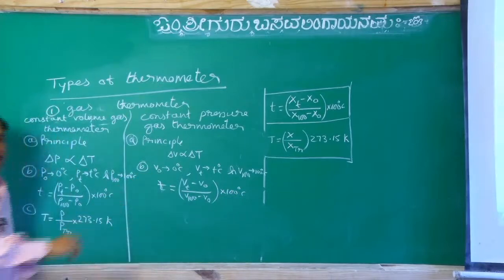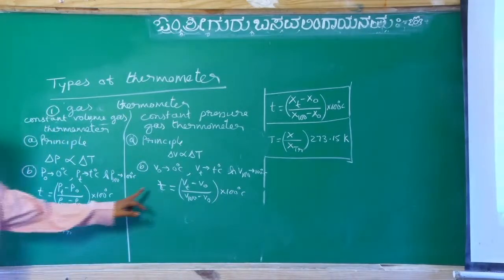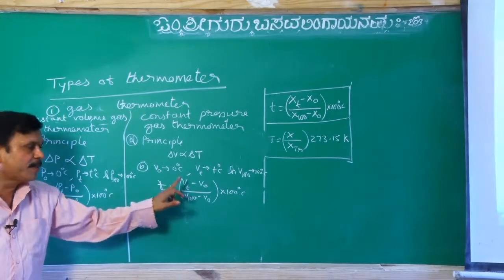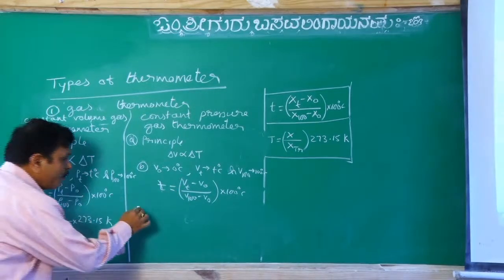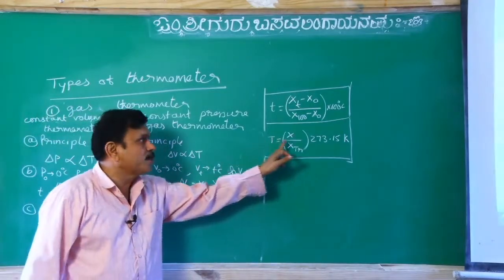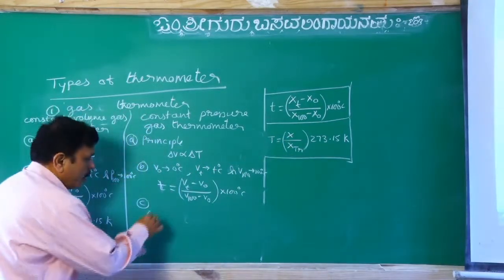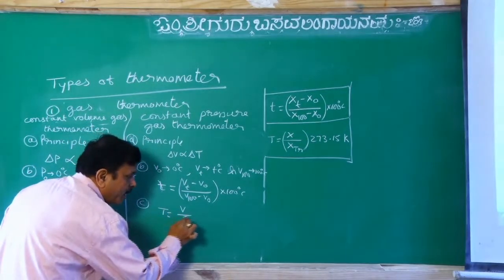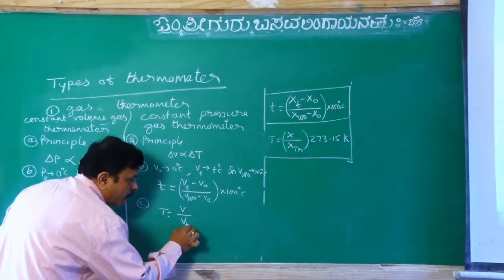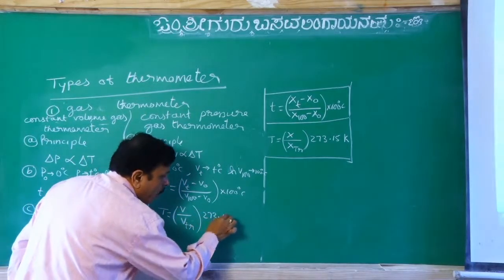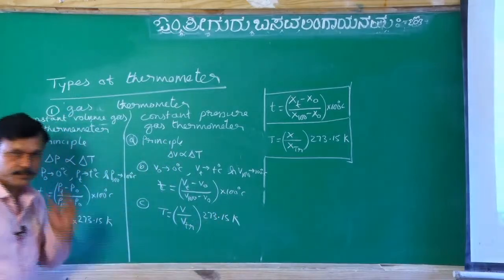This will let us find out the temperature of the gas at this particular volume. In the same manner, if you want to write this formula for the absolute scale of temperature, then T equals V divided by VTR, into 273.15 Kelvin.